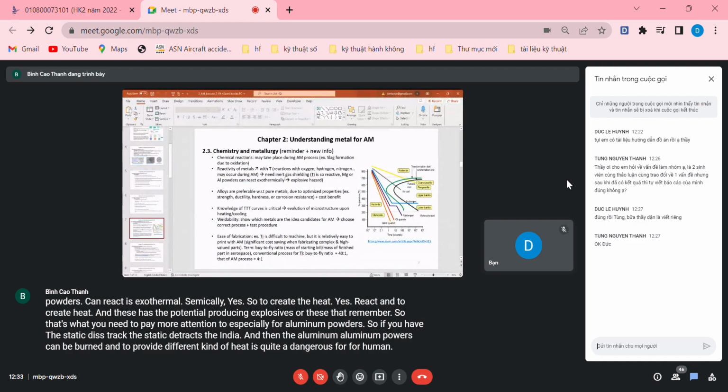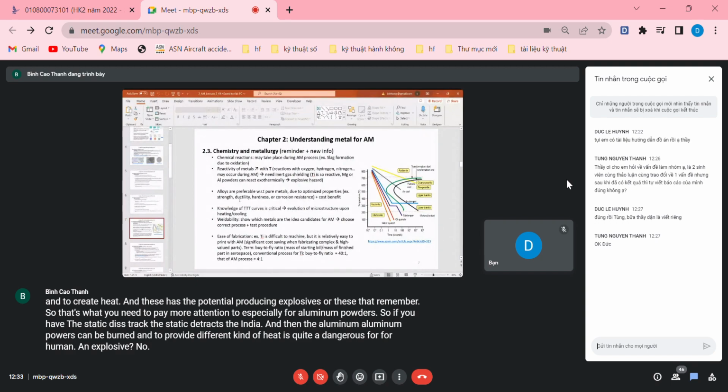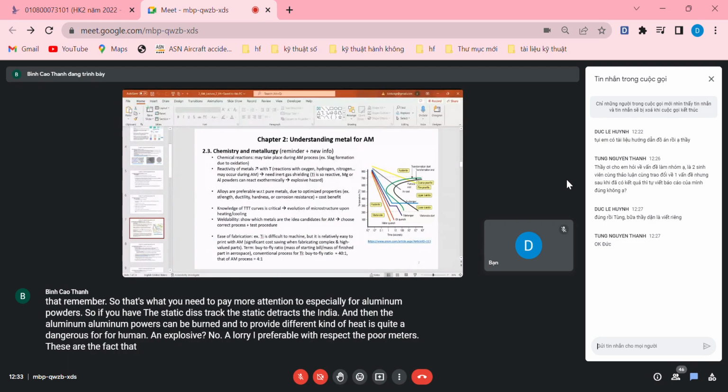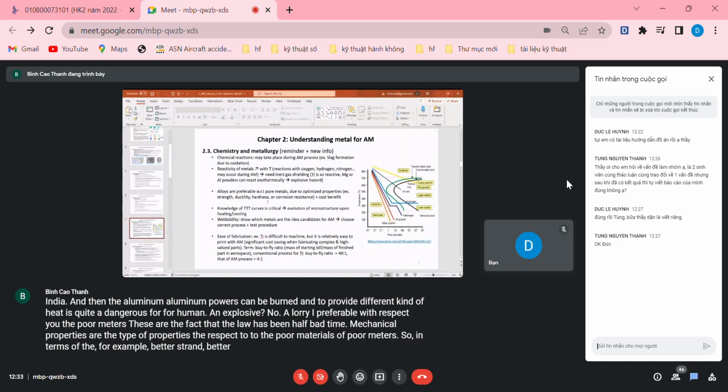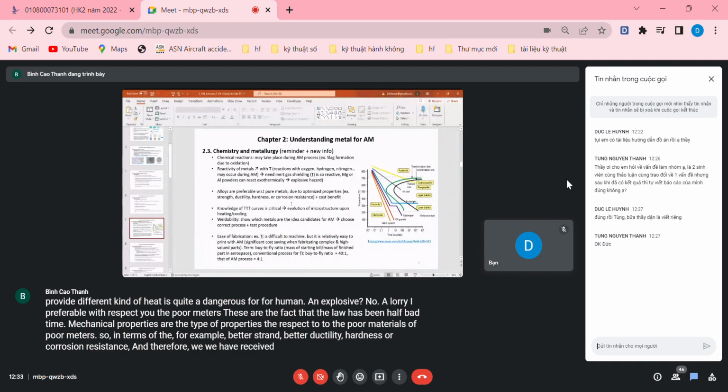And explosive, no. Alloys are preferable with respect to the pure metals, due to the fact that the alloys will have better mechanical properties or other types of properties with respect to the pure materials or pure metals. So in terms of, for example, better strength, better ductility, hardness, or corrosion resistance. And therefore we receive the benefit, of course, for sure.